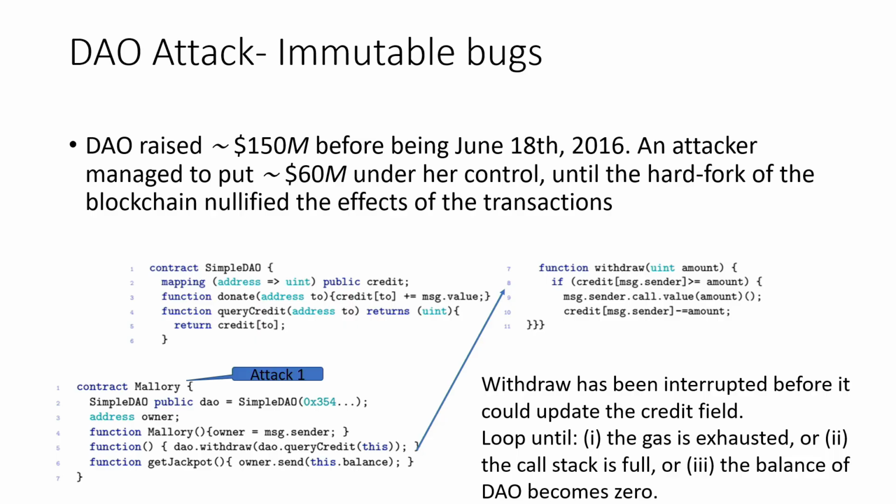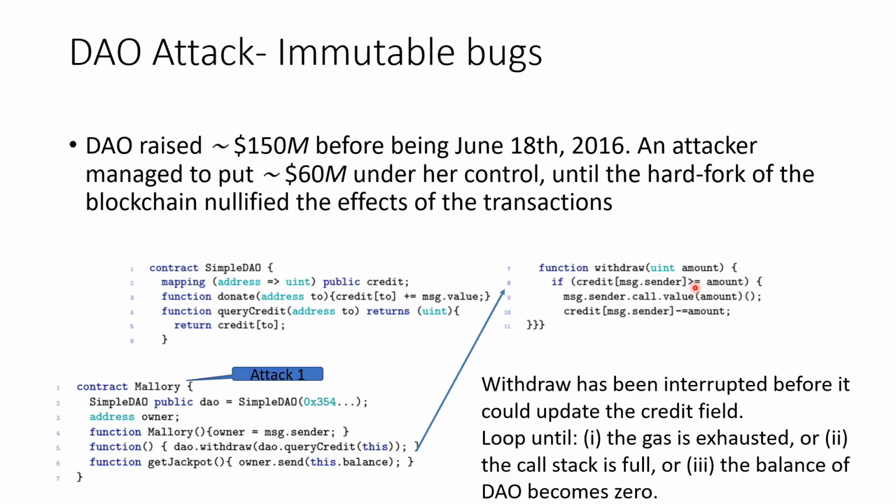So it was like a simple DAO contract, where the attacker introduced the Mallory contract. In this Mallory contract, if you see line number 5, the attacker is invoking the withdraw function. That function is calling the withdraw function in the main contract. So the Mallory contract is calling the simple DAO contract. In this, if you see line number 8, the amount is being withdrawn.